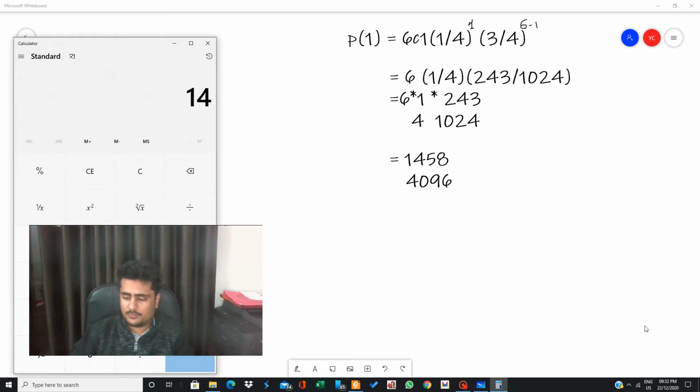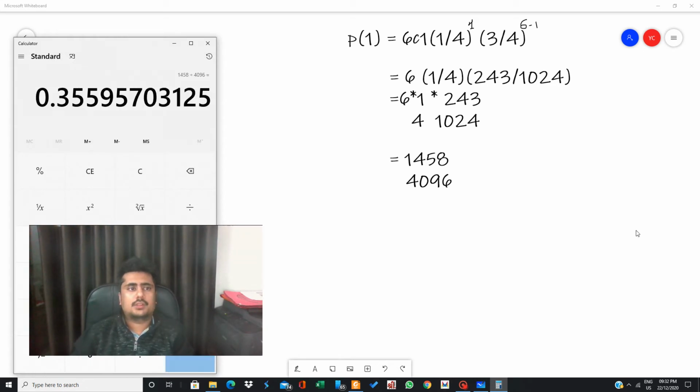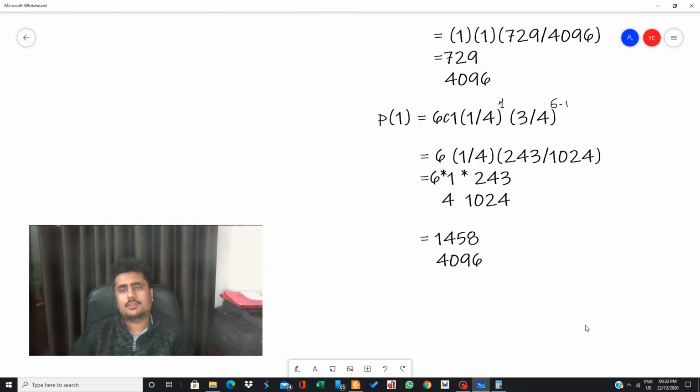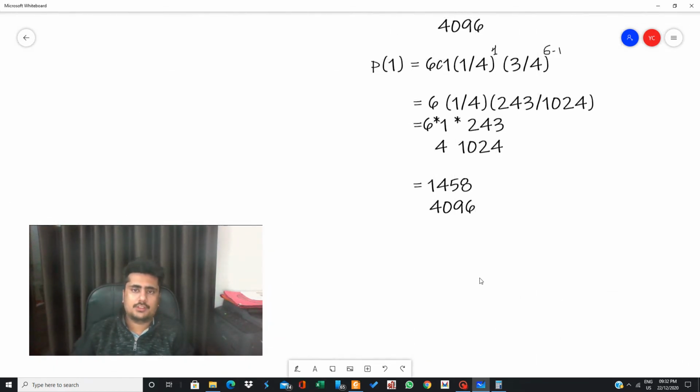It's 1458 divided by 4096. Or we can keep it in fractions itself because the first is also in fraction.